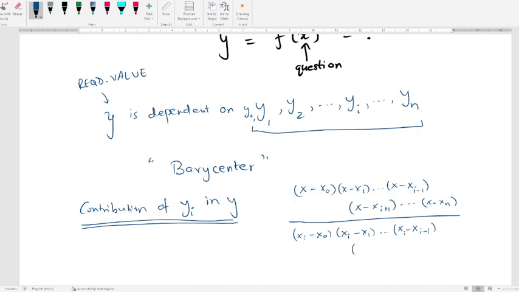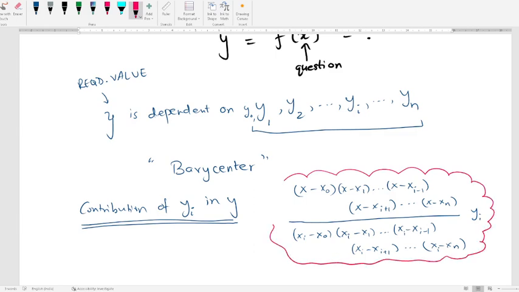We again start from xi minus x(i+1), and so on, all the way up to xi minus xn. This entire term is the contribution of yi, so we multiply this term by yi. This particular term is going to repeat in our interpolation formula when we use different values of i.